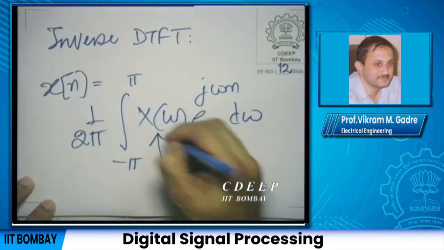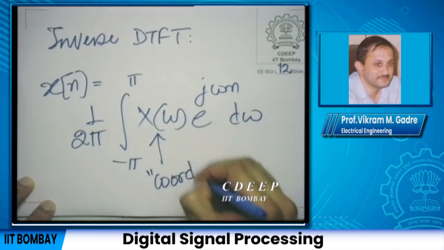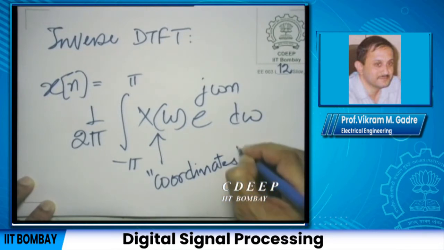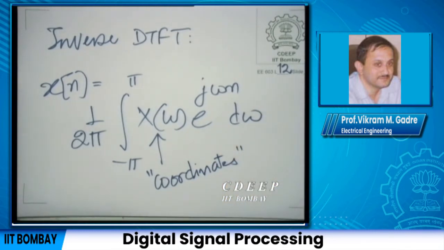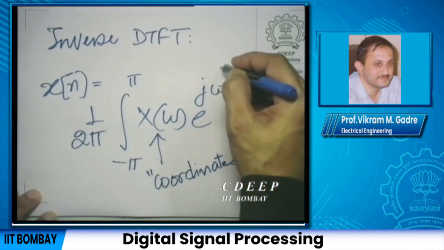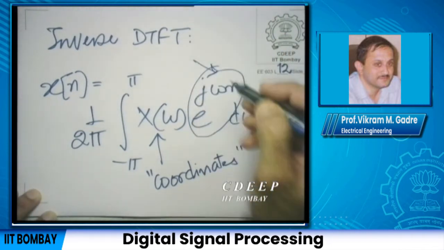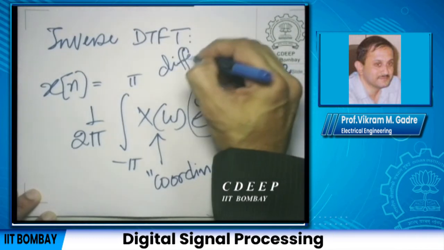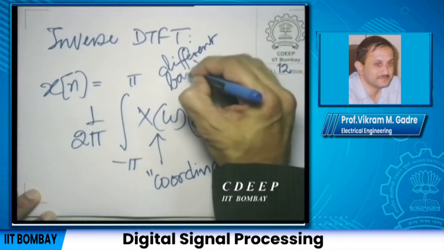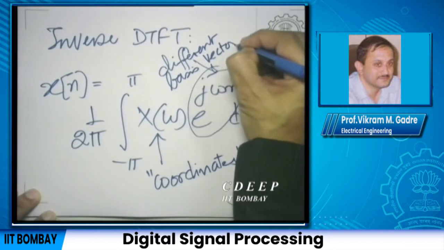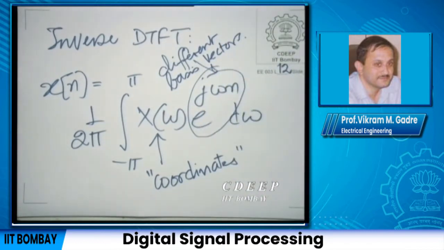These are like the coordinates with different directions, different omegas are different directions, so to speak, or different omegas give you different axes, and you see these are different basis vectors. There are different basis vectors for different values of omega.